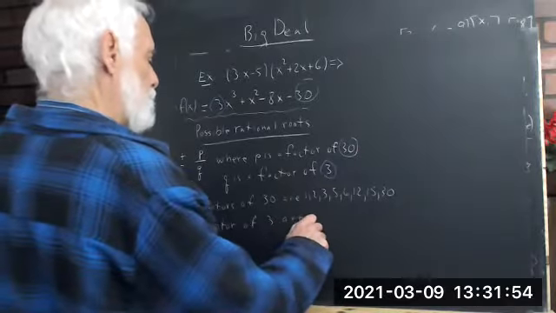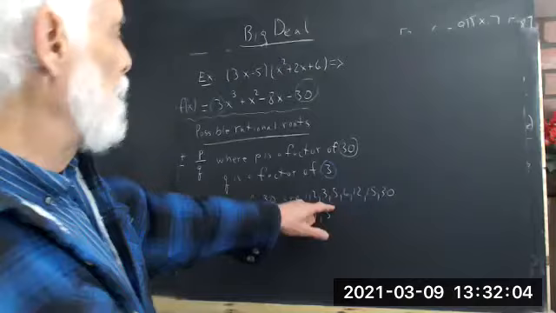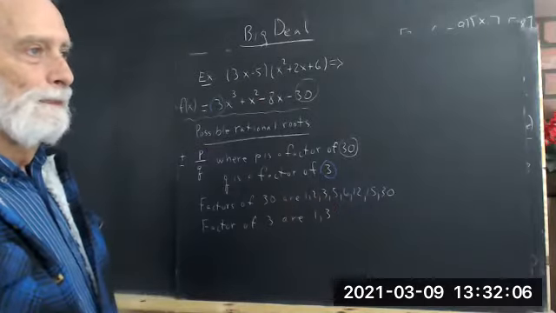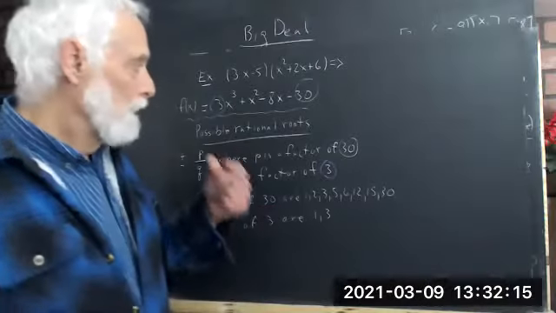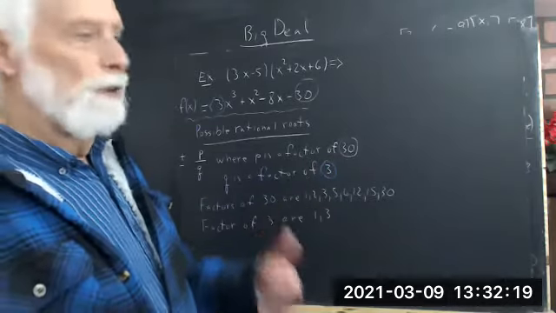Are you sure 12 belongs there? I'm sorry, let me ask again. Factors of 3 are 1 and 3. Now again, what did you just ask? 12 belongs to the factor of 30? Yeah, 5 divides into 30 6 times. 12? Hold on. 12 doesn't go into 30. If you divide 30 by 12, you get 2.5.